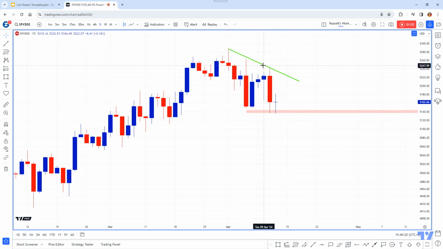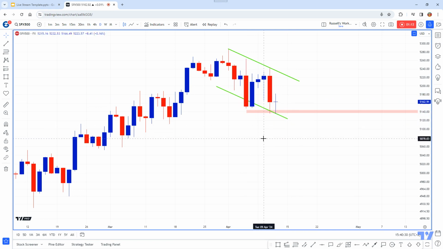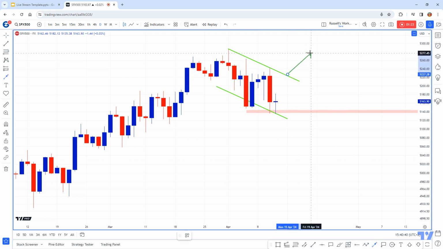And then what we can do is just draw this parallel. So perhaps some sort of flag pattern. If it's a valid flag pattern, the breakout should be to the upside, and we should see the support holding and then a movement to the northeast.